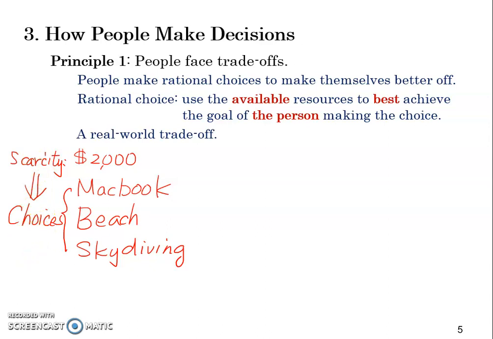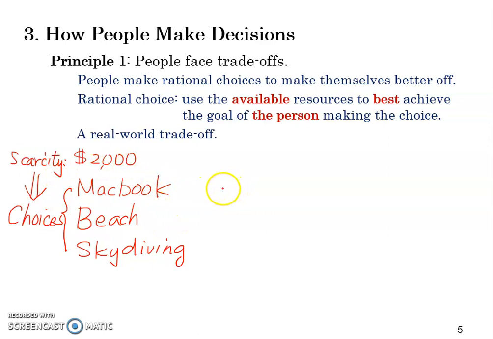Of course, in reality, you may have your own choices. You say, I don't like any of these 3. I can come up with my own list of choices. That's totally fine.